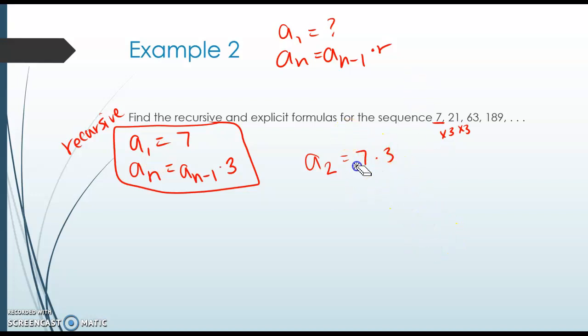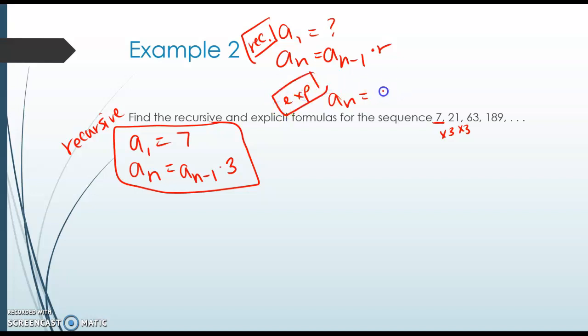All right, so now on to the explicit formula. For the explicit formula, we needed the following. The explicit formula: a sub n equals, so this was recursive, and this is explicit. a sub n equals a sub 1 times r to the n minus 1. That's what we're working with.